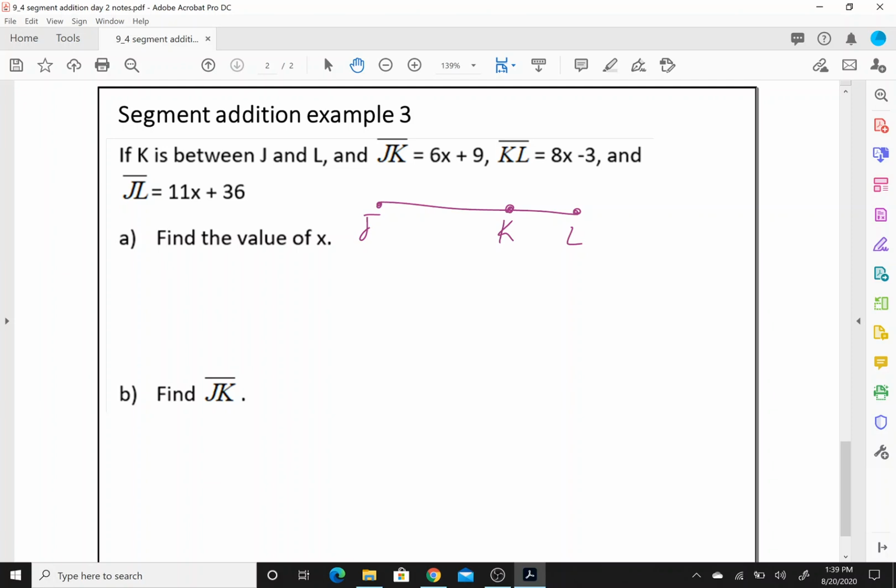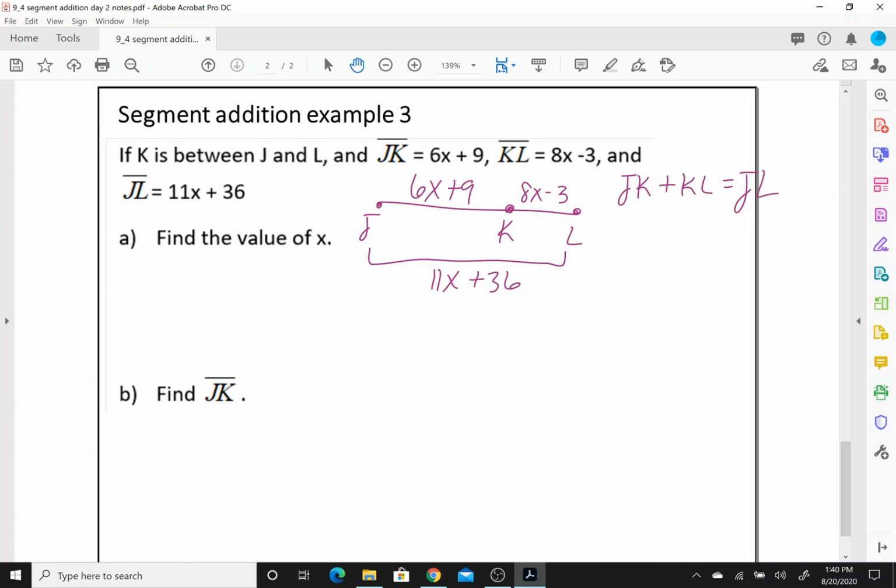JK is 6x plus 9. KL is 8x minus 3. And JL is 11x plus 36. Okay, we have JK plus KL, which would give us JL.